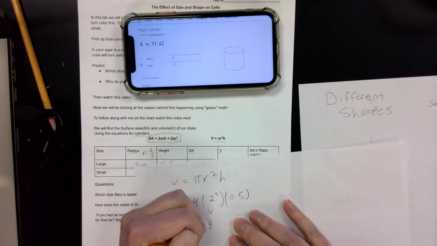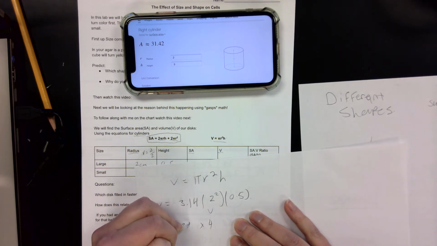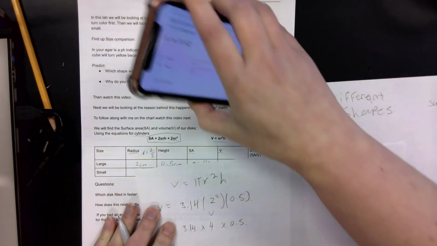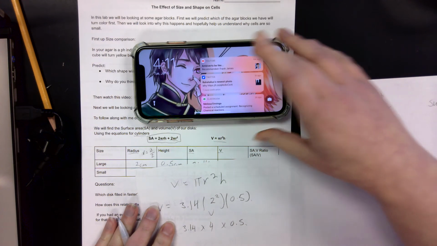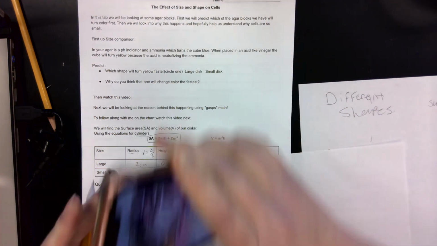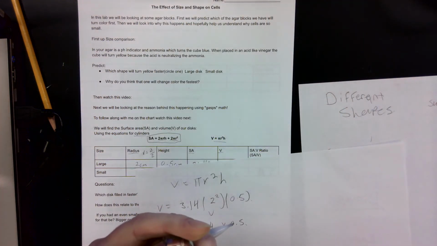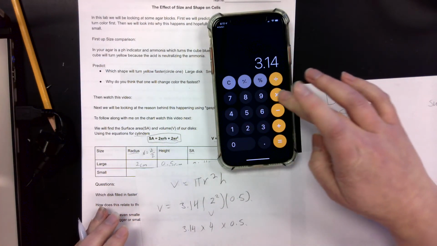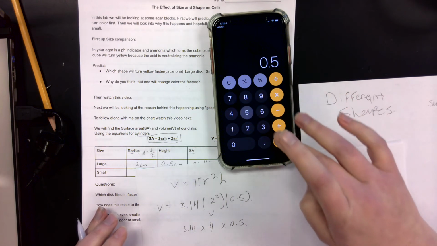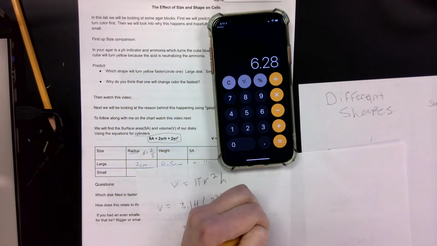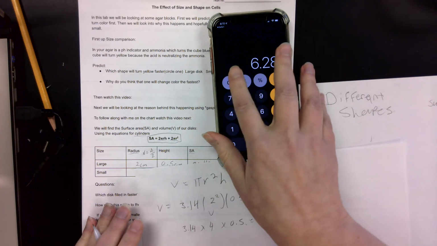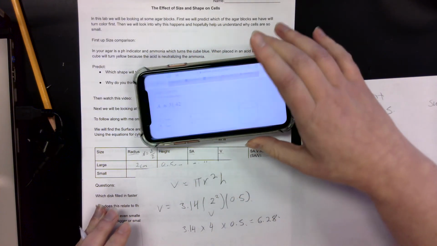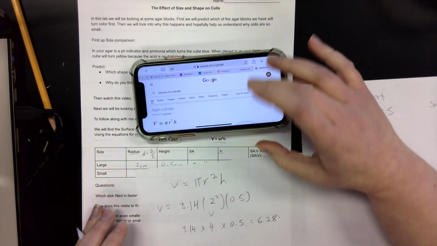Remember, this is 4. So if I longhand that, and use my calculator for the simple stuff, 3.14 times 4 times 0.5, that is about 6.28 for the volume. Again, on Google there's another option for you if you look it up.